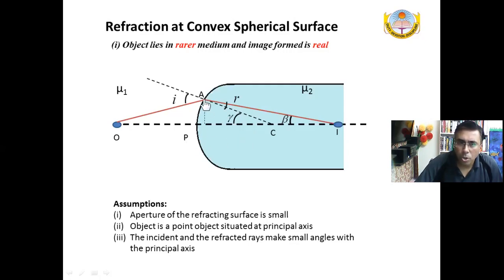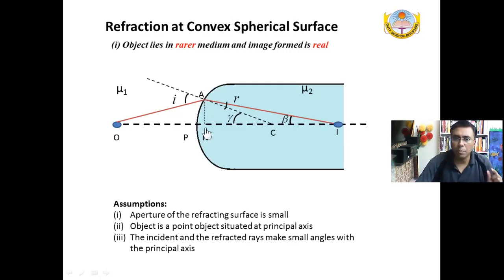Now if I drop a perpendicular from A onto the principal axis, it meets at point N. Since the aperture of this spherical surface is very small, for all practical reasons we consider that P and N are lying very, very close to each other.